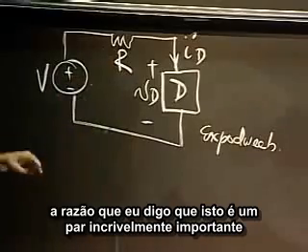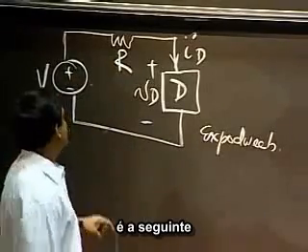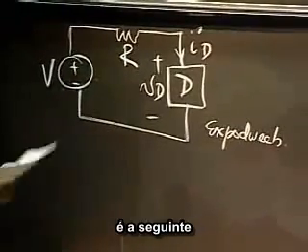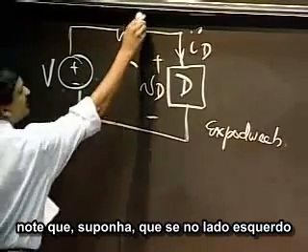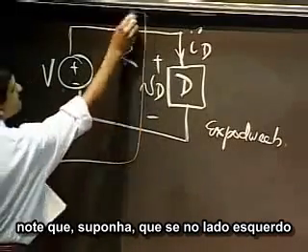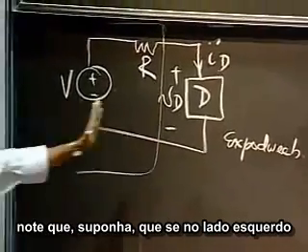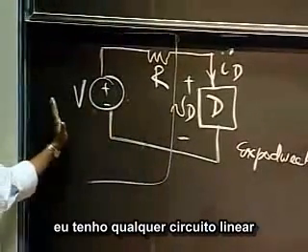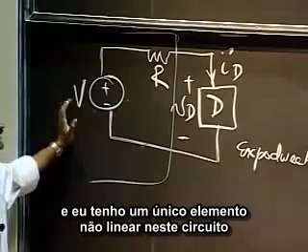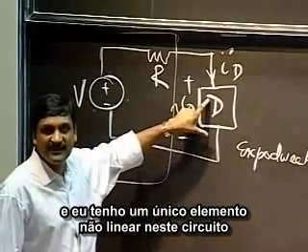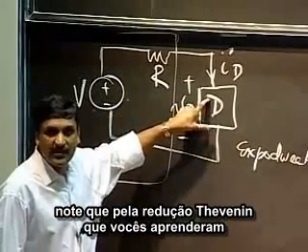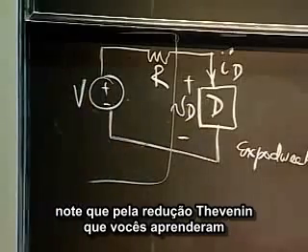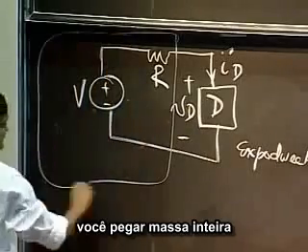Now the reason I say that this is an incredibly important pattern is the following. Notice that if on the left-hand side I had any linear circuit, and I had a single nonlinear element in that circuit, then by a Thevenin reduction that you've learned, you can take this entire mess.